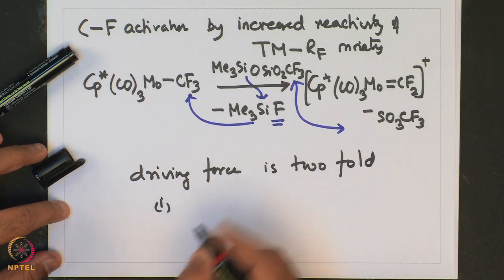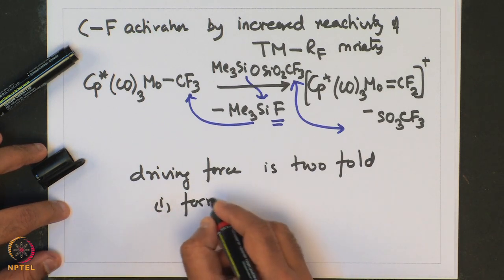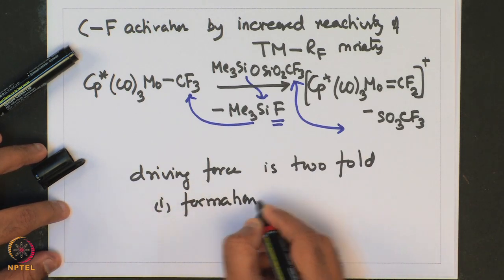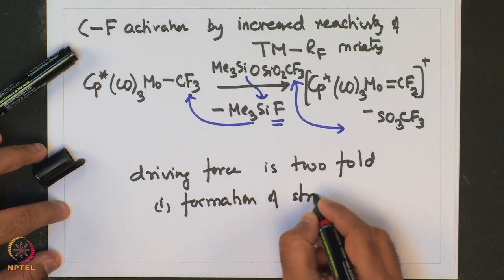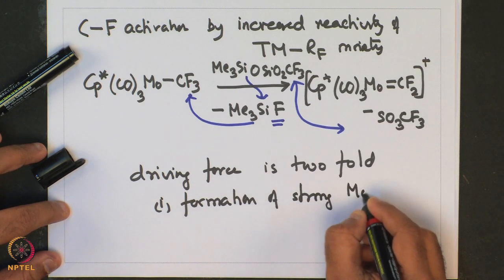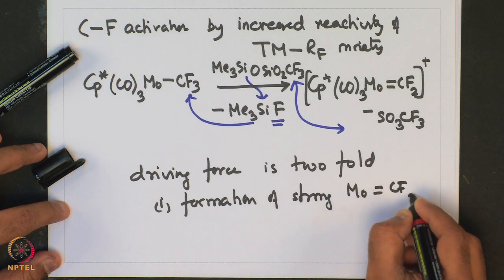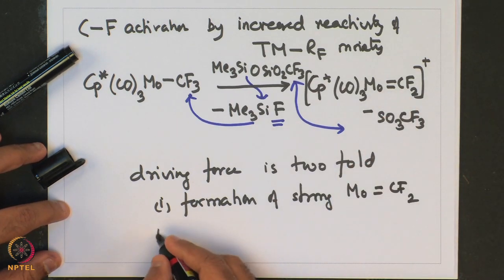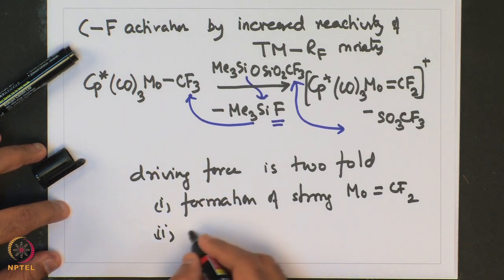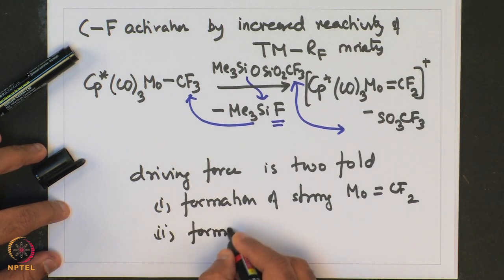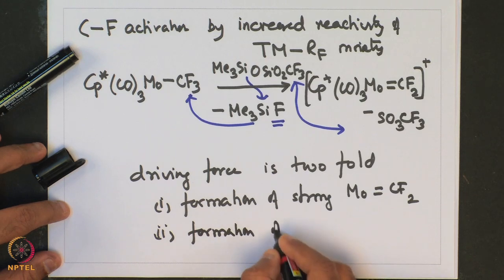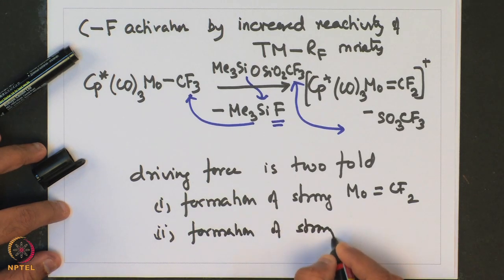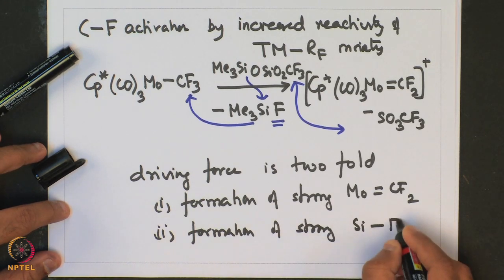First, from the formation of strong MoCF2 moiety, where you see a double bond of Mo=CF2 formed, and second thing is formation of strong SiF bond, which is in this.